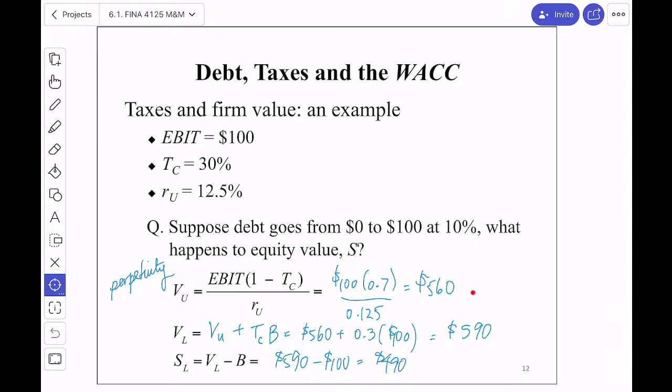Because this was SU, and then it went to SL.